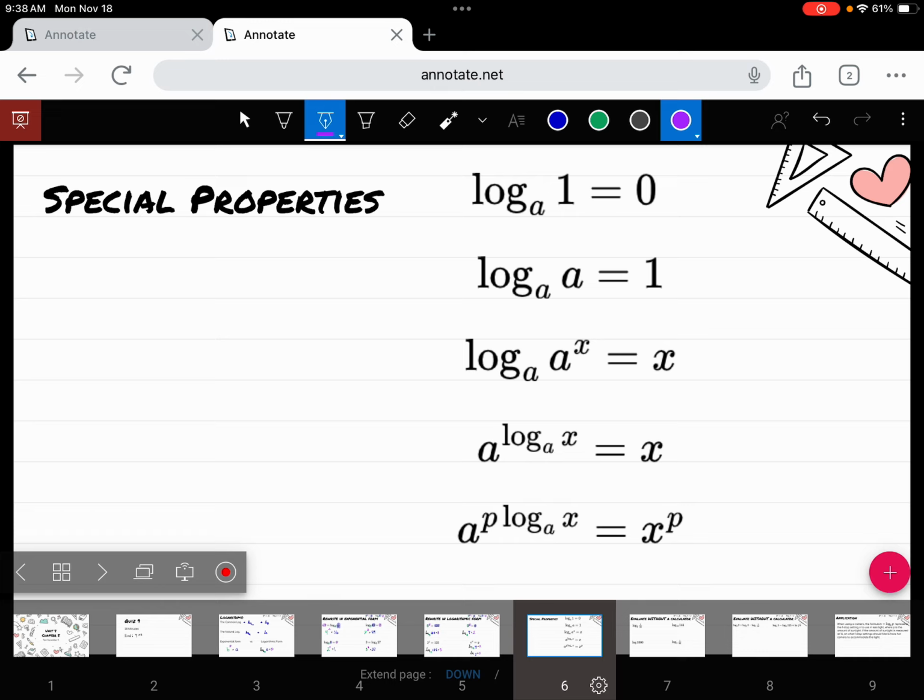So any log with any base that has an argument of 1 is going to equal 0. Because any exponential with a power of 0 equals 1.